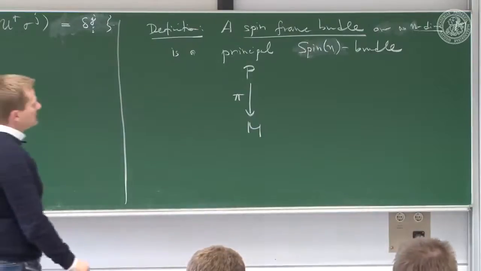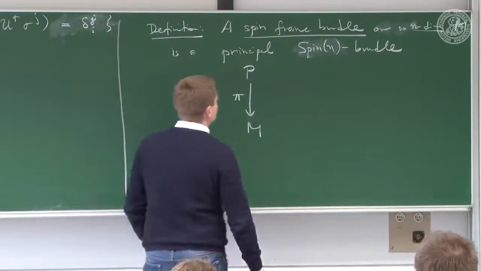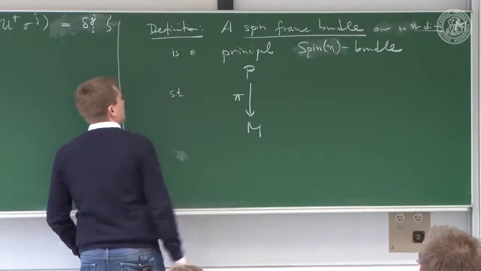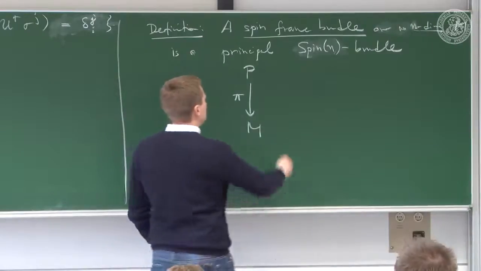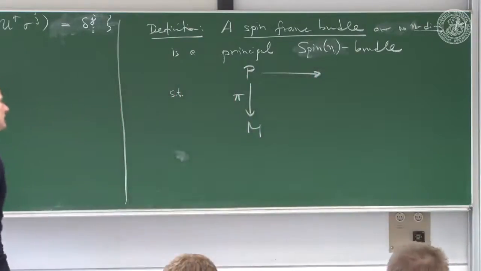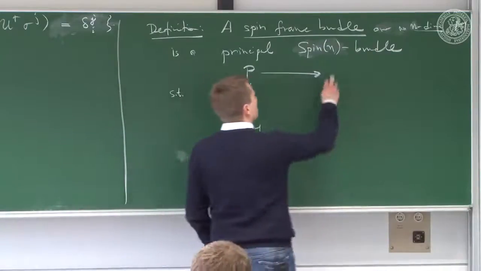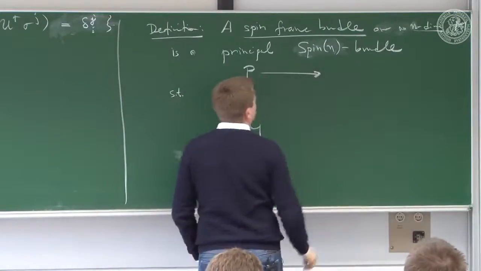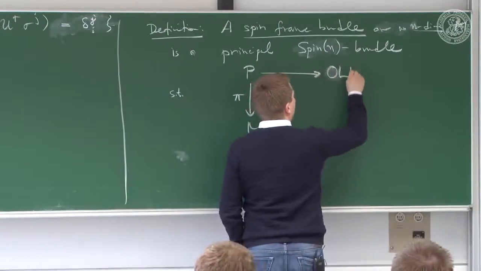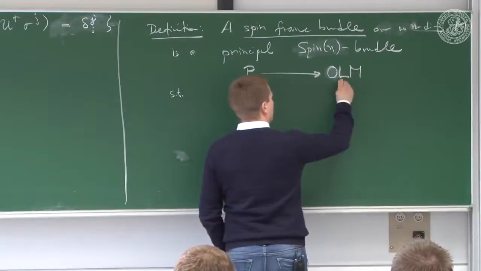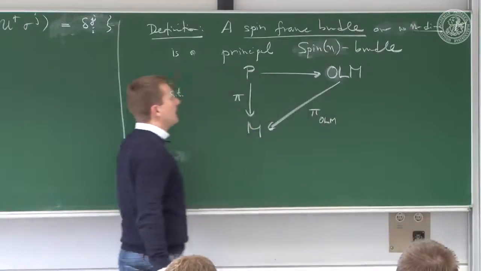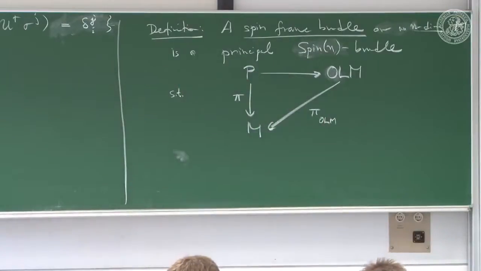It's a principal Spin n bundle such that the whole diagram is such that from there I have a map to the orthogonal frame bundle OLM over M. So this is the pi of the orthogonal frame bundle. Well, you know what the frame bundle is, LM.